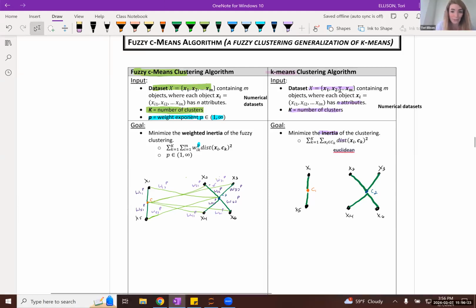You want to be careful that we're using squared Euclidean distance specifically. Okay. Now this is what we would call a weighted inertia extension.